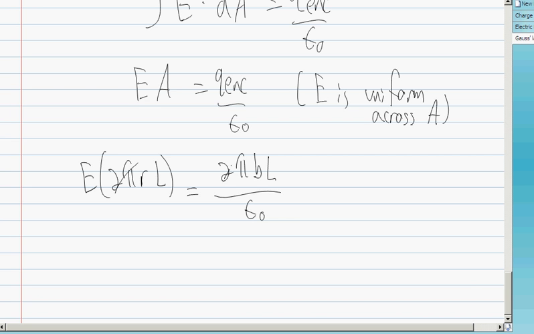The 2 pi L divides out. We end up with E equals sigma B over R epsilon naught. And that sort of makes sense, that we're going to have this, what we forgot, this thing.